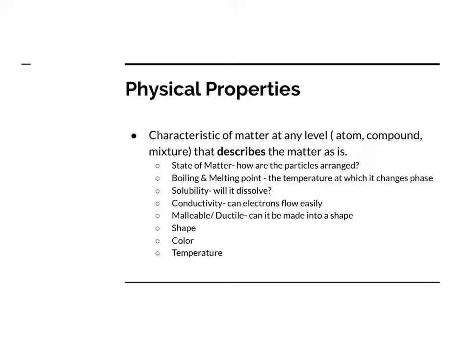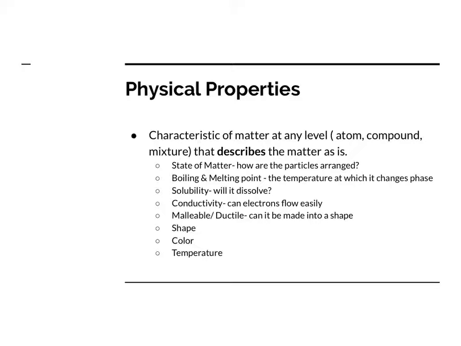Malleable and ductile are words that describe the ability for your substance to be made into a certain shape. We've talked about before that metals are very malleable, and that's why we have a lot of different metal shapes in our houses. Think of a kitchen faucet.